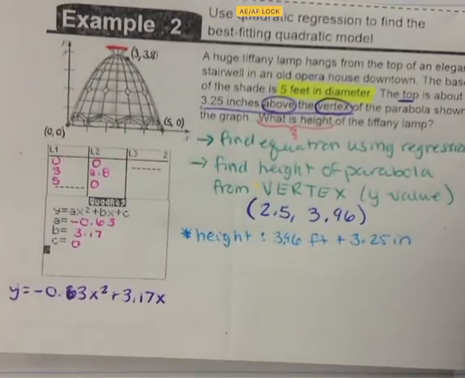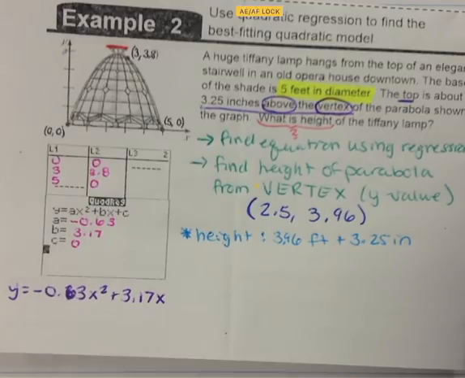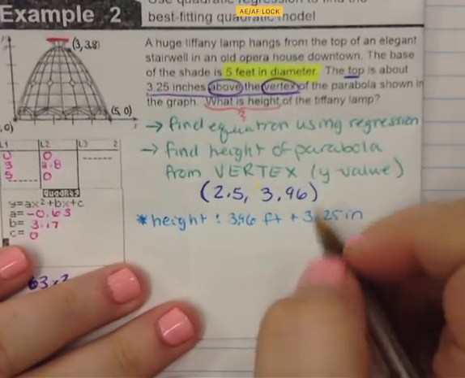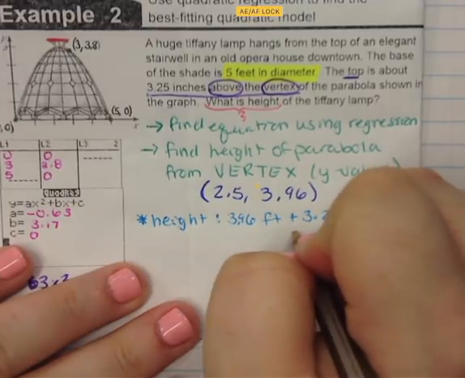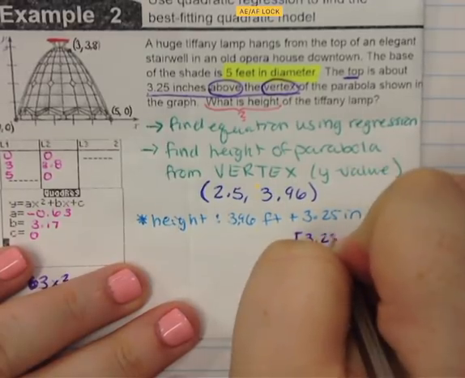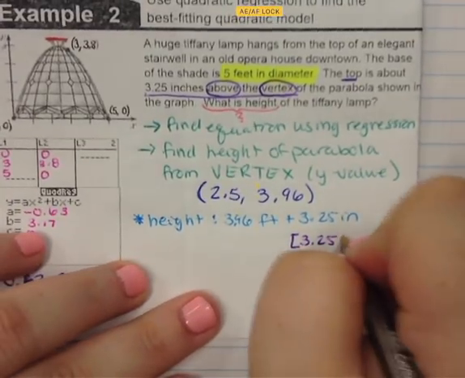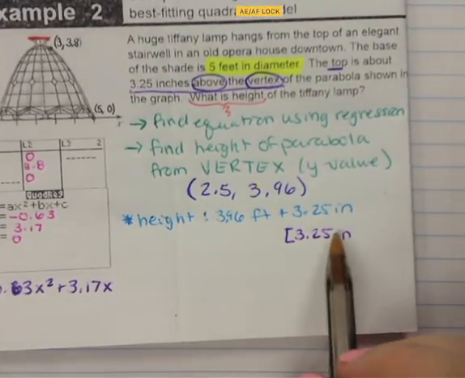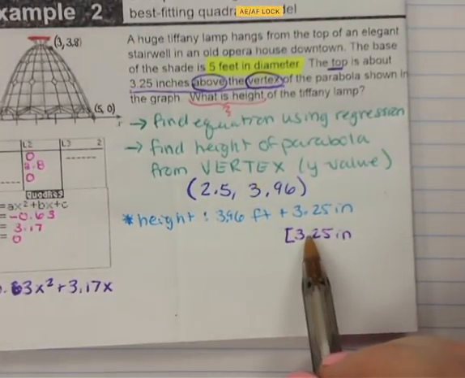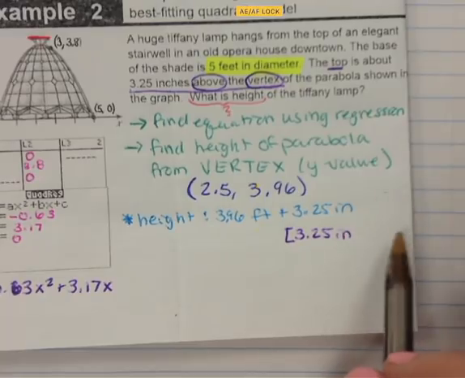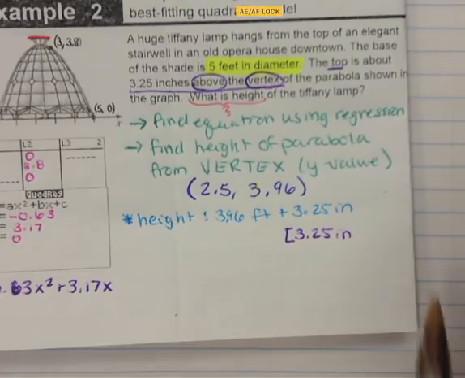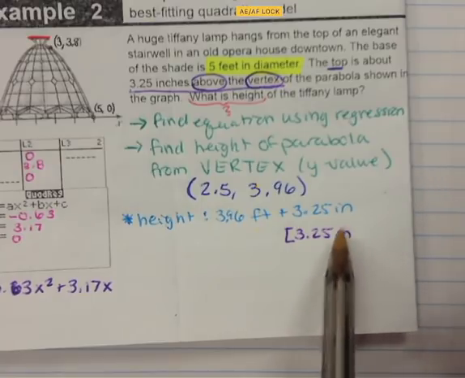Now, inches is a smaller unit, but it has a bigger number. So since feet is a bigger unit, it will actually have a smaller number. So to convert this, we take our 3 1/4 inches. We want to go to feet. So how do we convert inches to feet?